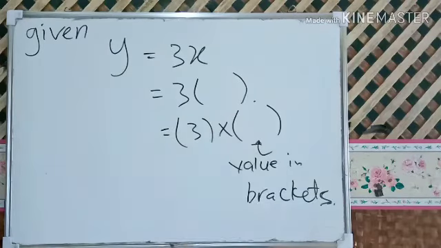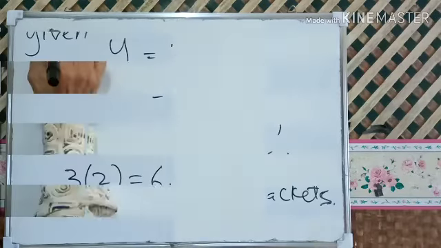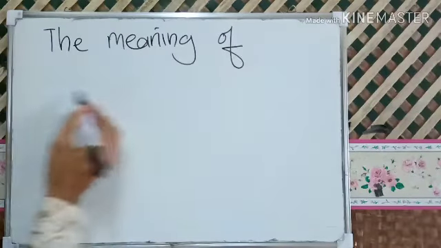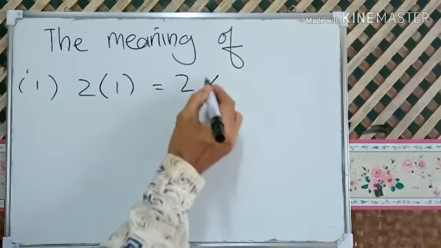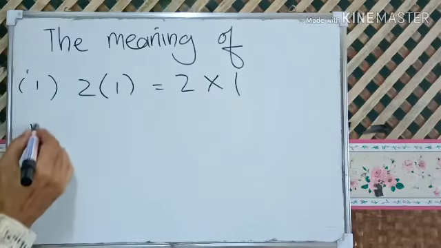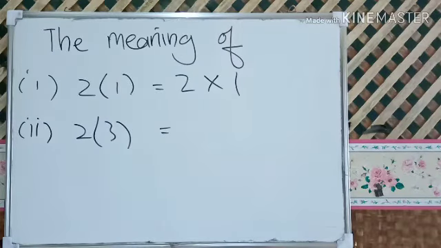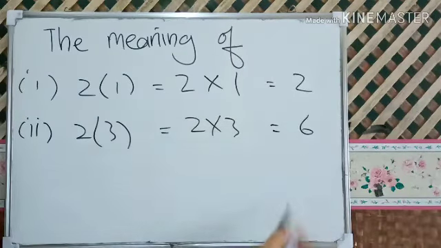This multiplication is as shown before, 3 with 2 equal to 6. Understanding this rule, now we try this one.